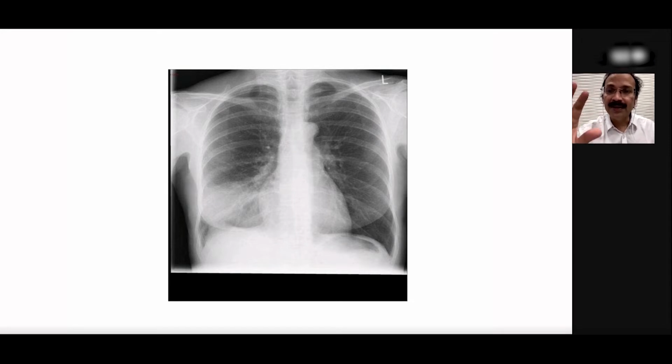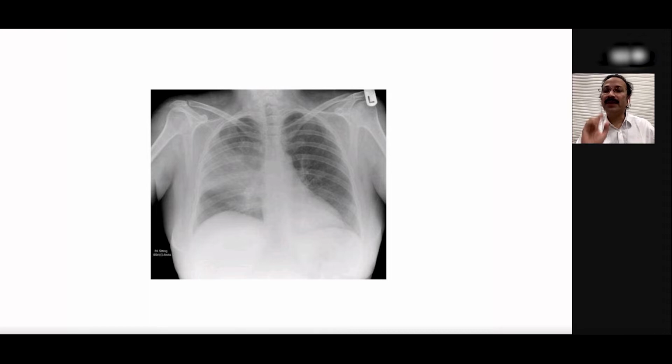A haziness or opacity which is not shifting the structures near that opacity is usually a consolidation or a pneumonia. Okay, so you see an opacity, but the structures close to the opacity are neither getting pulled nor pushed, then that opacity is most likely going to be a pneumonia or a consolidation.